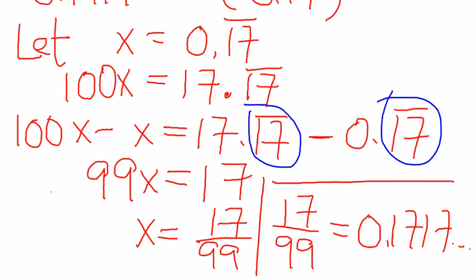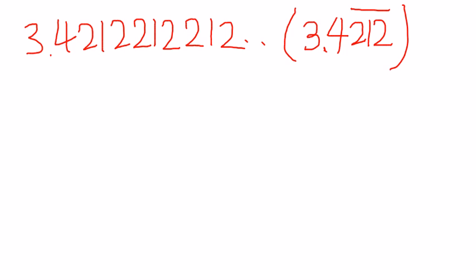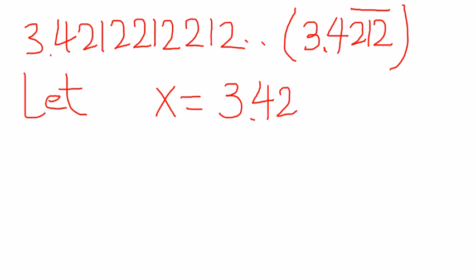Okay, so let's look at the last example here. So now let's look at this more complicated repeating decimal, 3.4, and the repeating pattern is 212 here. So let us try to use the same method as before. We let x be 3.4212, where the repeating pattern is 212 here.